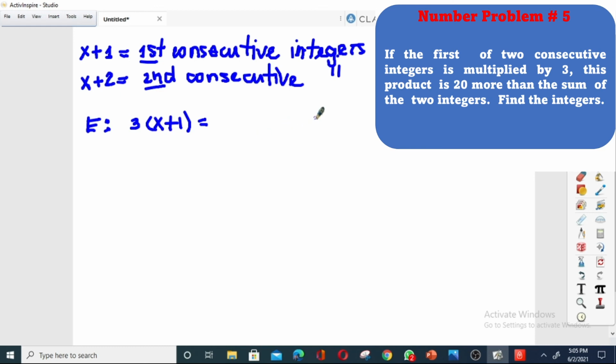So immediately write more than the sum. So that means more than the sum of 2.